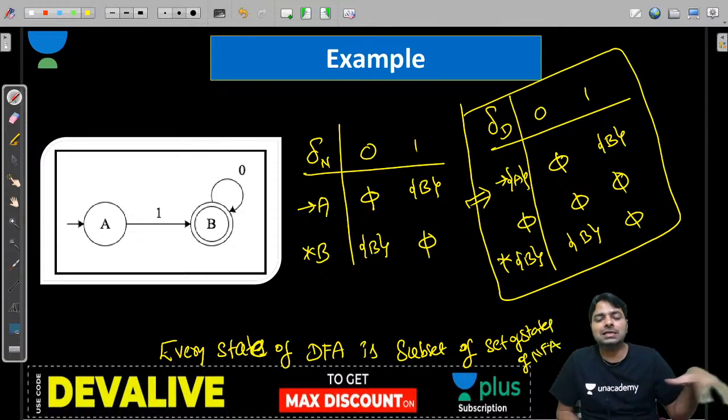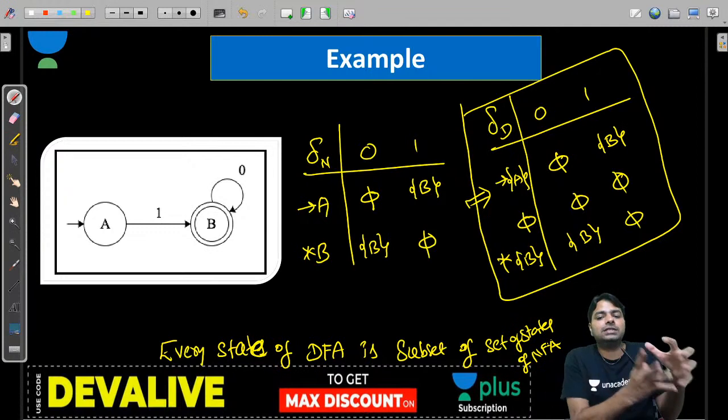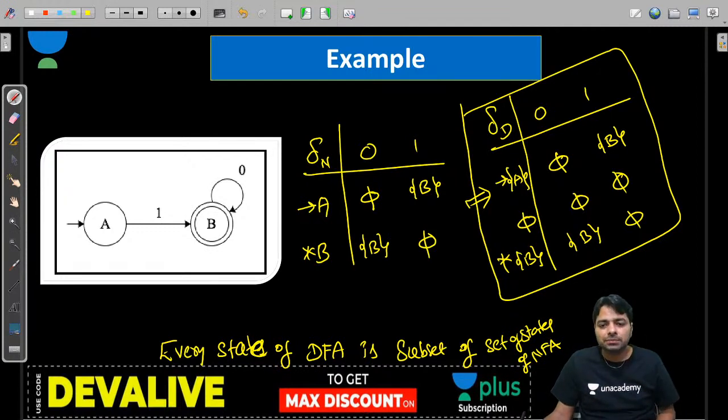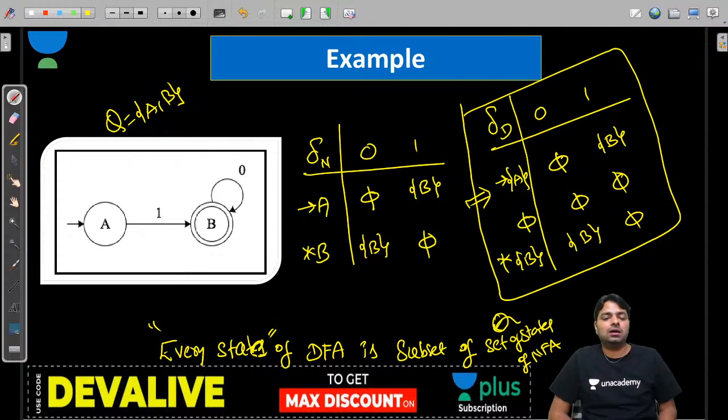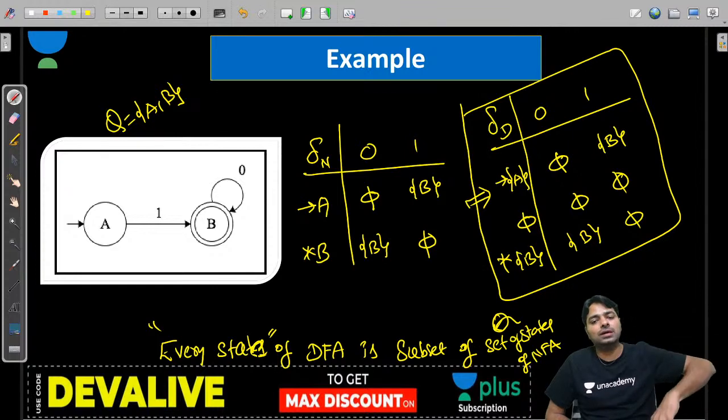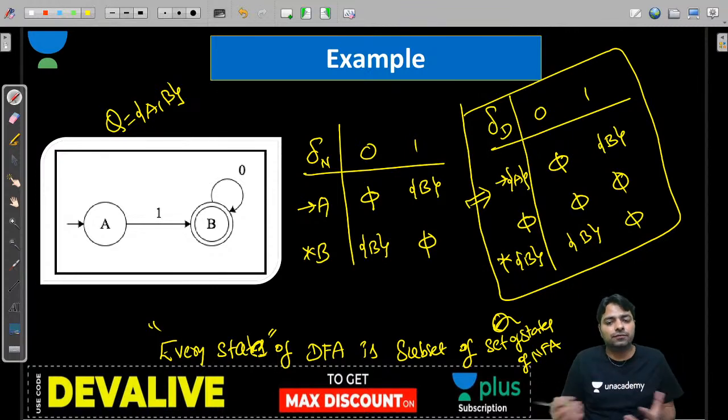Remember that point. Subset of the set of states of NFA. The set of states is nothing but Q. Subset of Q. If you say Q is equal to A comma B, then every state belongs to the power set of Q. You can say subset of Q, or belongs to the power set of Q. Both are the same.